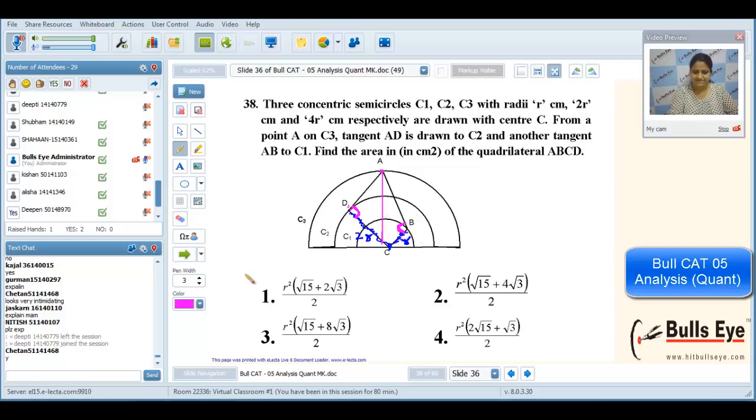Now what is AC? AC is 4R, because that is the radius of the biggest semicircle. Now I am talking about the triangle ADC, which is a right angle triangle. Hypotenuse is given as 4R and the base is given as 2R. So we can find AD.